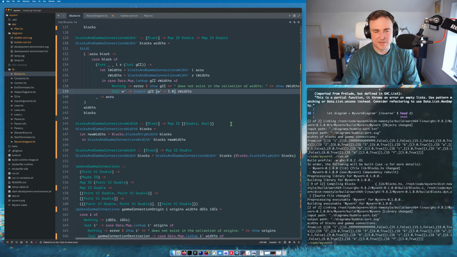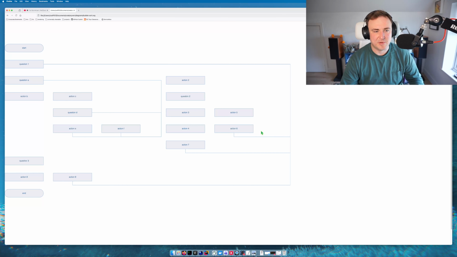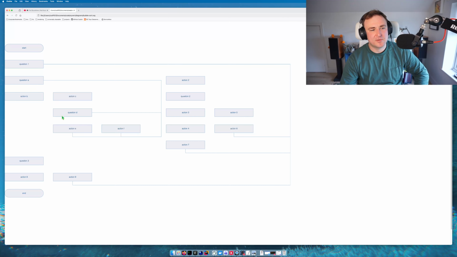I'm just trying to check if those widths combine. And what I mean by combine is the width of this question, which would be increased by 3, let it be combined with the width of question A. So let's try to quickly calculate.